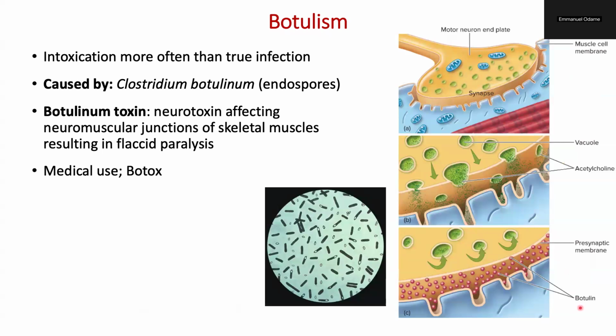Then you have the botulinum, which is basically the toxin released by this pathogen, and it blocks the transmission, so the muscle doesn't get the instructions it needs to move, resulting in flaccid paralysis. So basically that's how the disease works.